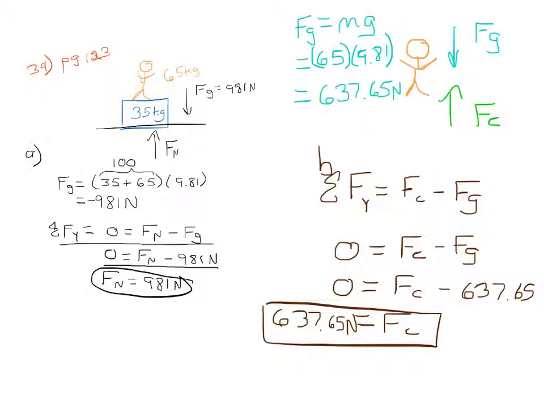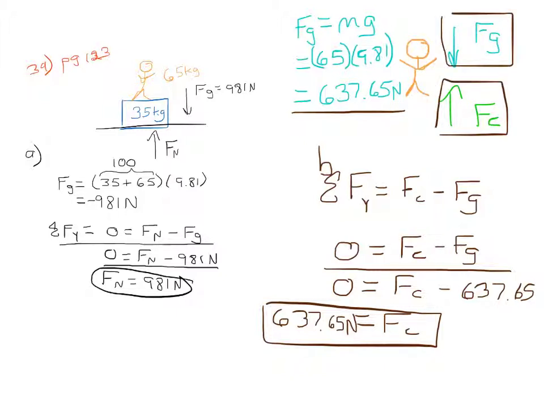Basically, we found the force of gravity, then we found that the net force has to equal 0 because the guy's not moving up or down. That means the force that the crate is exerting up has to equal the force of gravity pushing down, because they have to cancel each other out. So the force of the crate is 637.65 newtons.